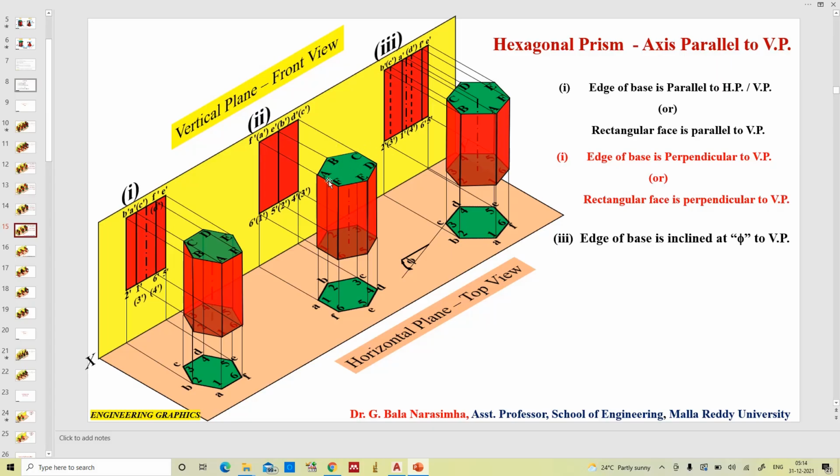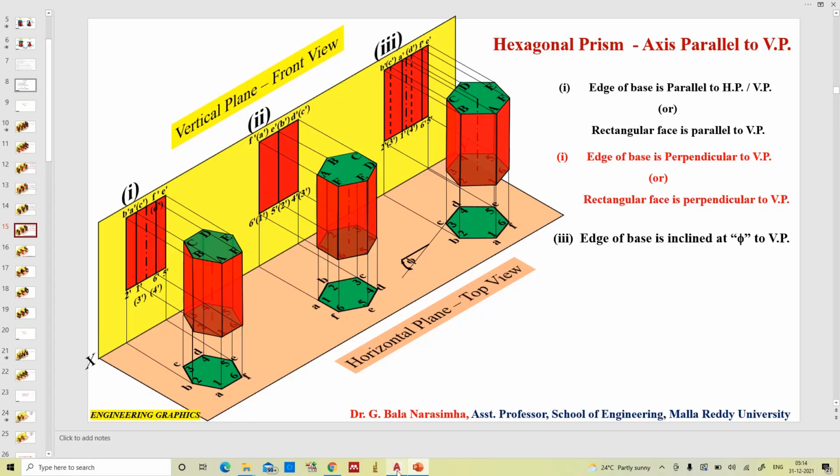But according to the priority of the lines, first priority will be given to the visible line. So all the lines will be visible, and the upper base and the bottom base are clearly visible. And coming to the top view, the upper base is clearly visible, the bottom base is invisible. That's why the notations are kept inside the polygon.